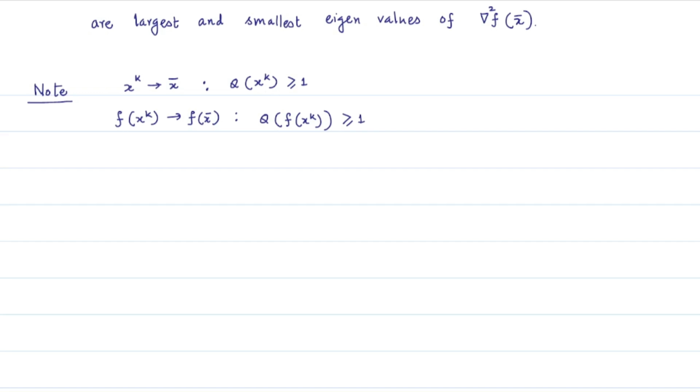And we can show there are functions for which the q order of convergence is precisely equal to 1. Therefore, the steepest descent method is commonly said to have q order of convergence equal to 1. That is, steepest descent method has a linear rate of convergence.